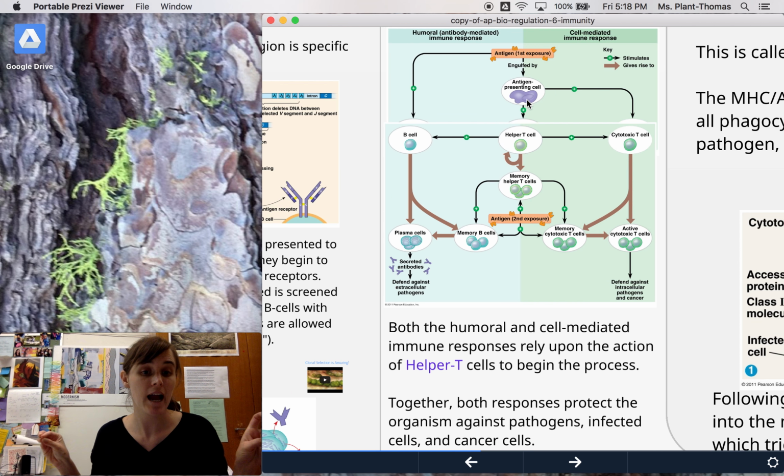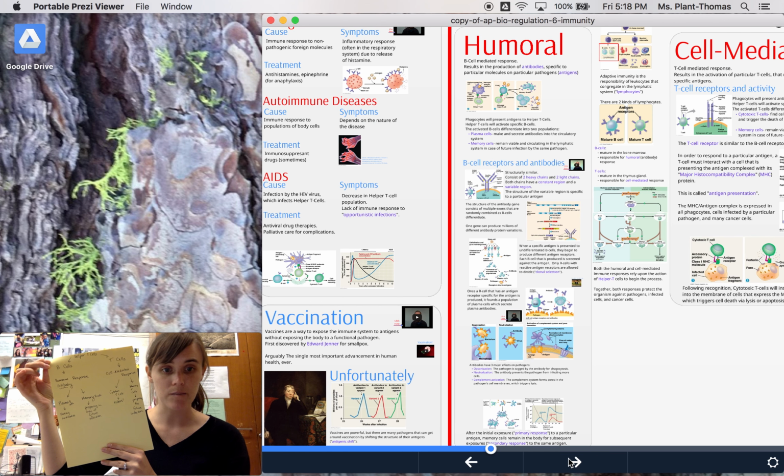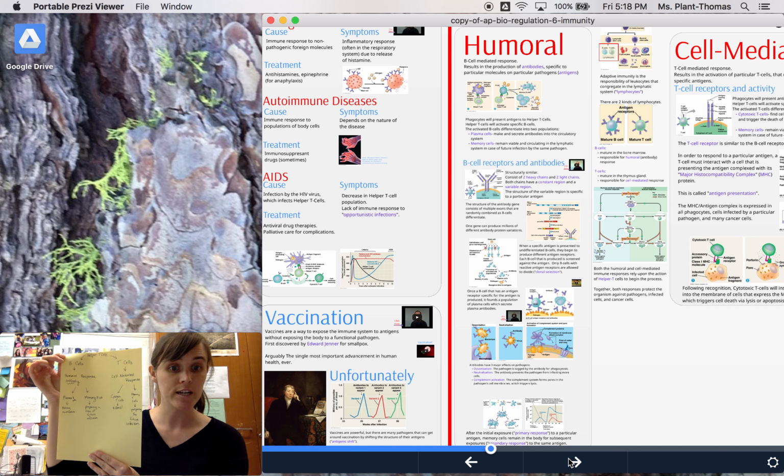So moving on, we're going to first talk about B cells, which has to do with the humoral response. This is what I would draw if I had a whiteboard in class. This is something I'm going to keep referring to, and I would encourage you to have a diagram like this in your notes.